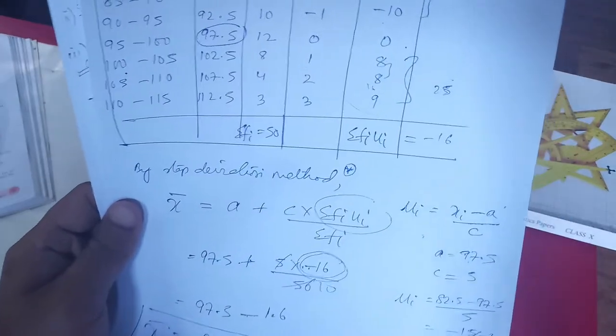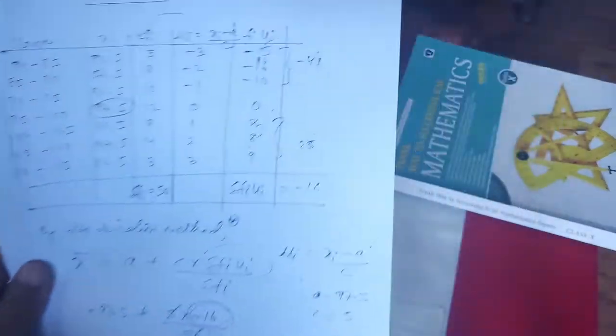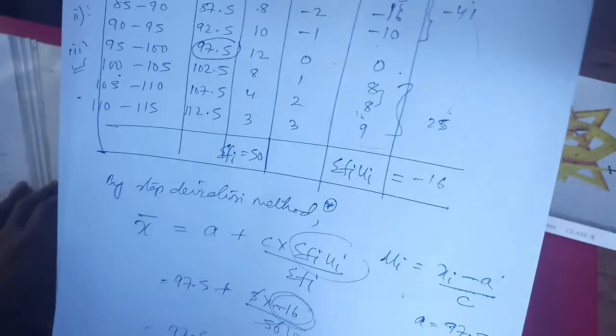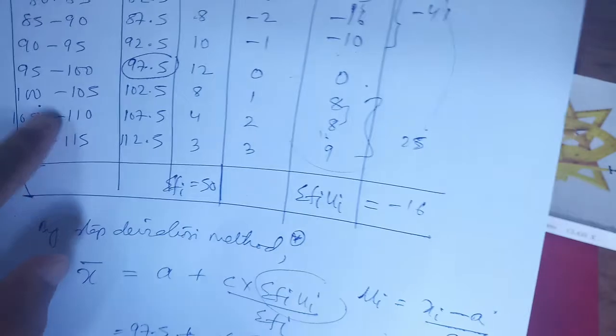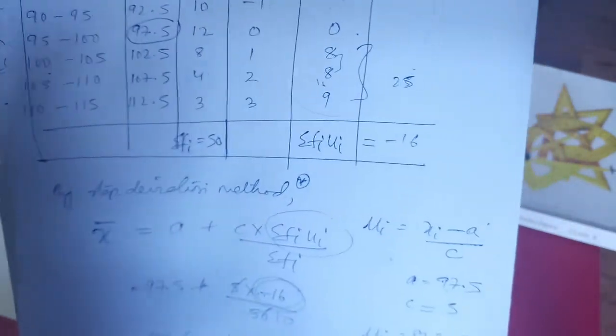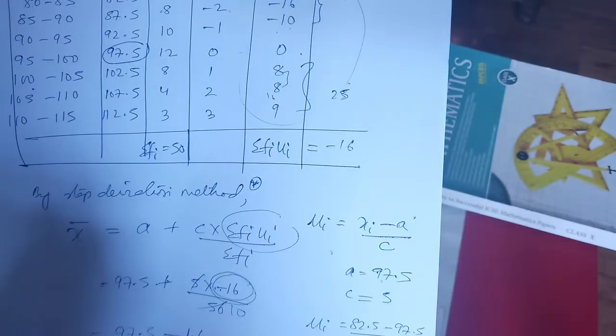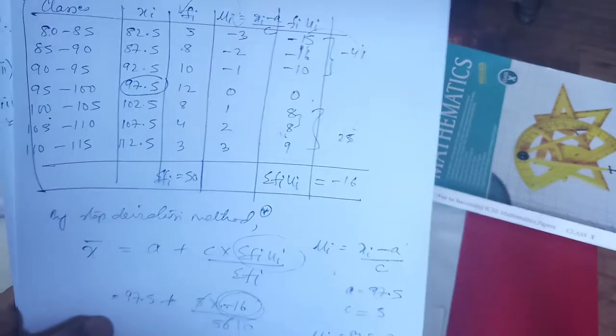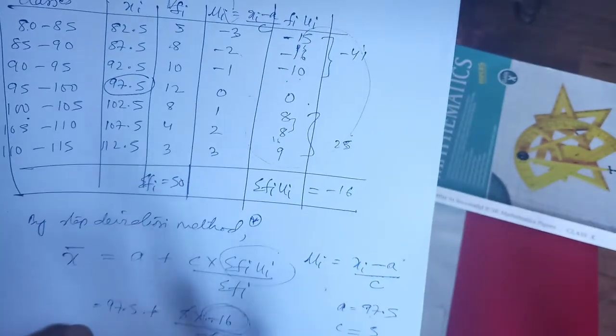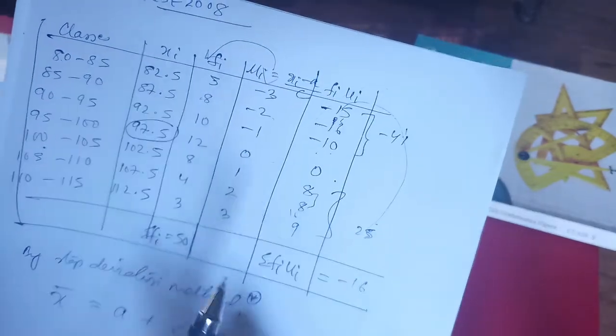So this step deviation method is one of the most commonly used. Sometimes in the board exam, you will be asked only questions like this: calculate the mean weight. In this case, this is the weight. It is just asked to calculate the mean weight, but it is not mentioned by which method. So if it is not mentioned, then you can choose any method, but this is the easiest and simplest method.